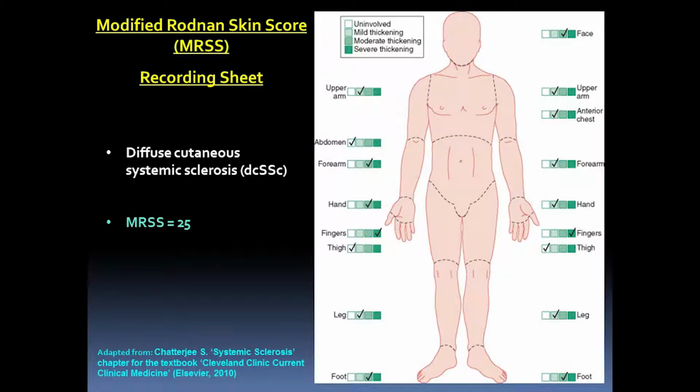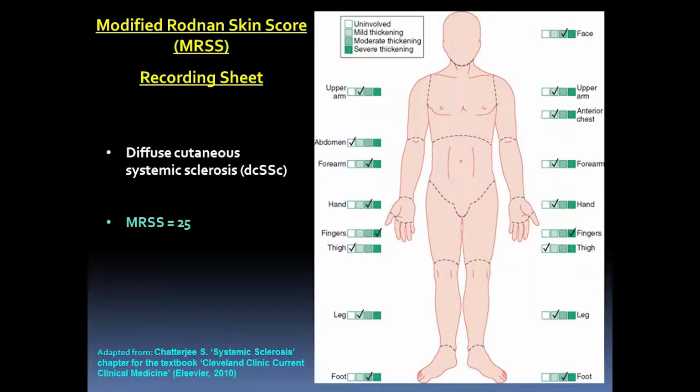Total 17 areas. 0 is the score given to uninvolved skin, and 3 is given where the skin is totally tethered, hidebound, and cannot be moved at all. Mild and moderate thickening get a score of 1 and 2. So this patient, for example, has a total skin score, documented in this sheet, of 25, and the patient has diffuse scleroderma.